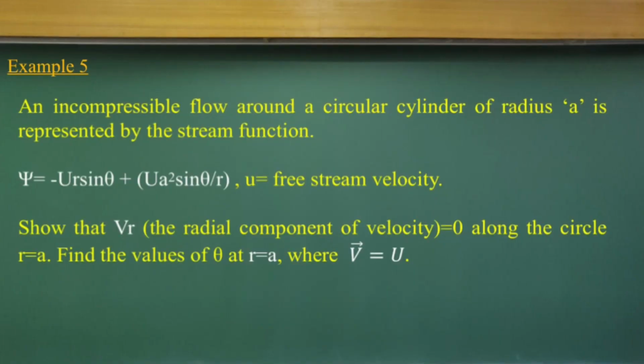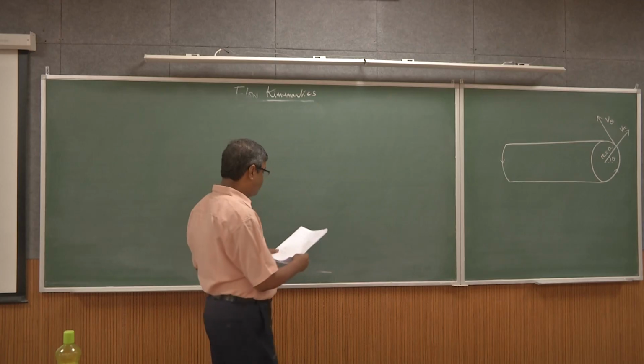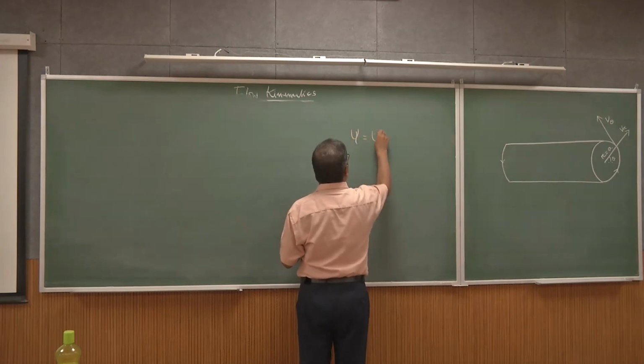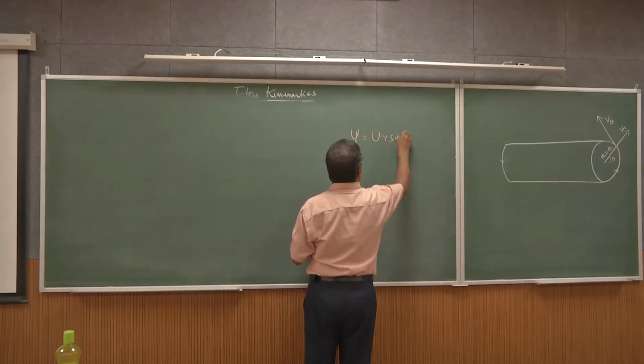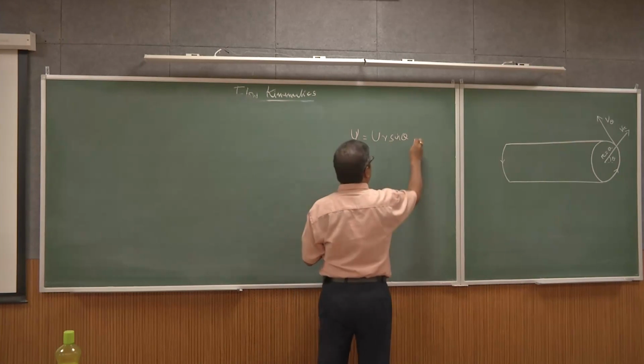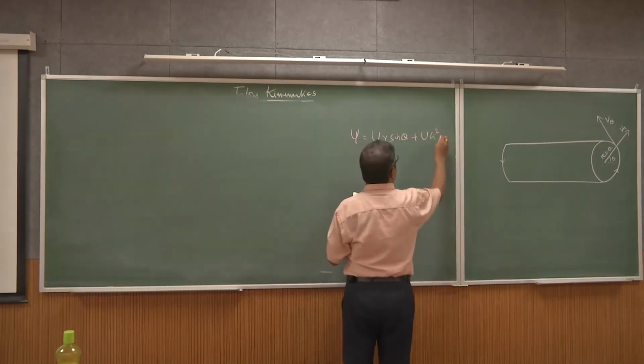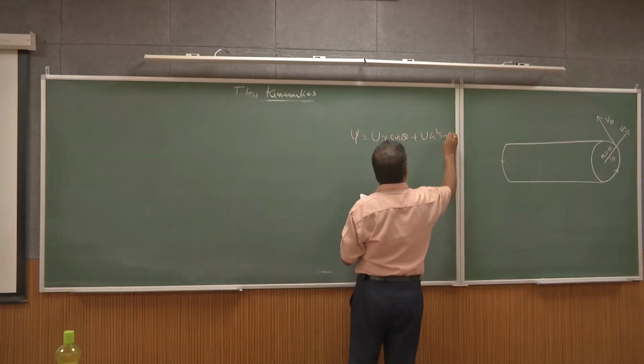An incompressible flow around a circular cylinder of radius a, as given in the figure, is represented by the stream function u r sin theta plus u a square sin theta by r.